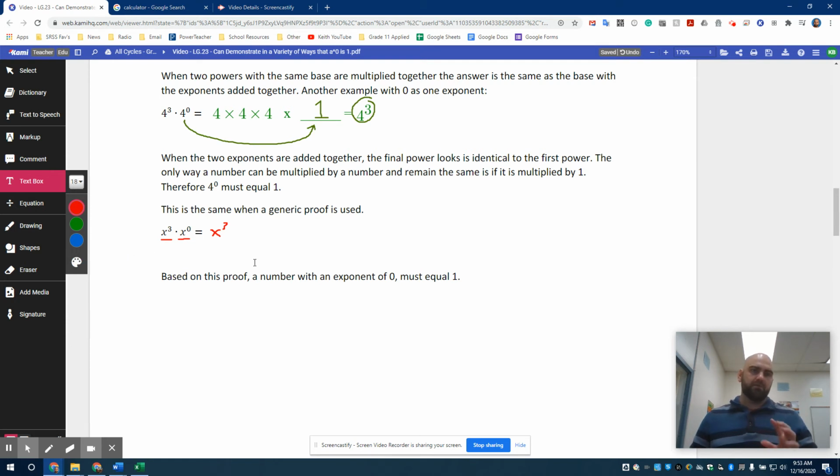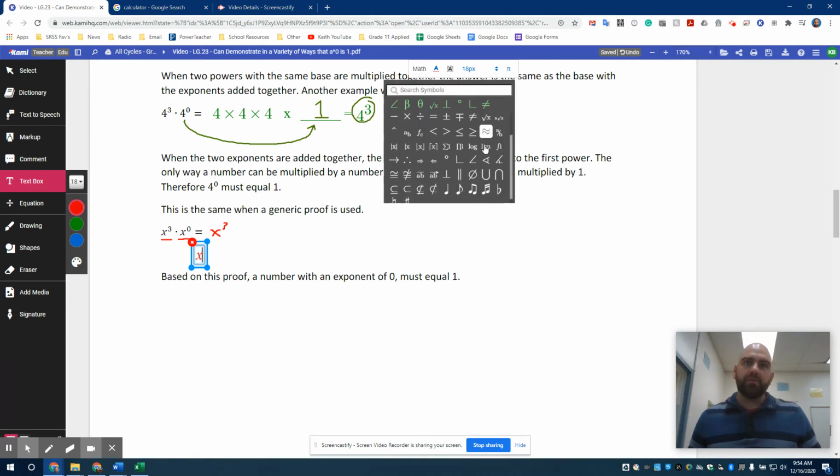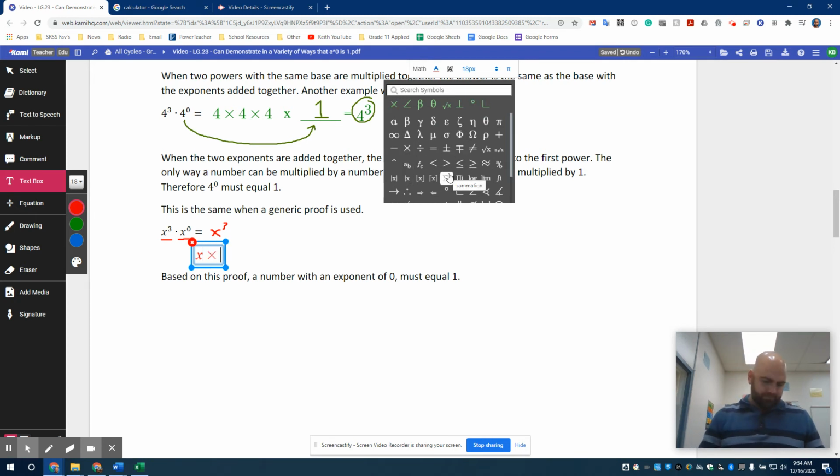Now let's show that without the dot, I guess I'm just going to have to use the multiply sign. So then x to the power of 0 is 1.